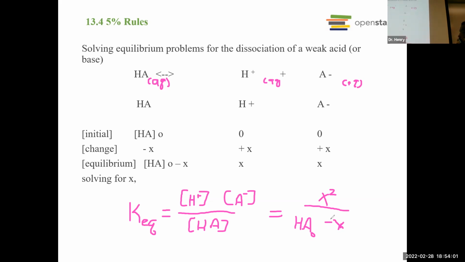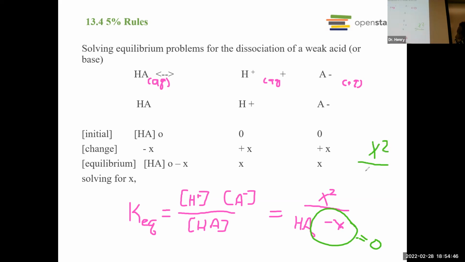Okay. So to make our life easier, although this is an easy equation to solve, a lot of times we get very complicated equations so that we have to end up using the quadratic formula to solve it. But to make our life easier, we're just going to make the assumption that this is 0, or it's so small that it's going to be close to 0. So then we'll just start off with the initial concentration, so make the assumption, let me circle this, is 0. So then you're starting with your equation looking like this now.